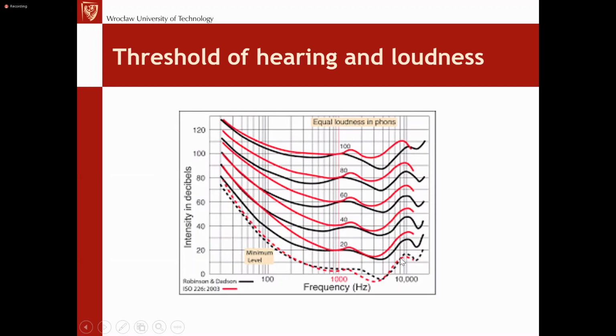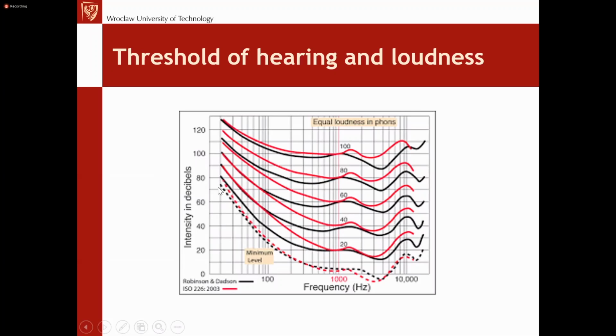And so you can find here two kinds of curves. It depends on the measurement scenario made by, for example, in this case, Robinson. That's the names of two researchers, and this is a recommendation by the International Standards Organization, and this is a red line.